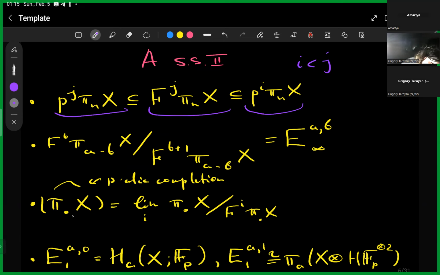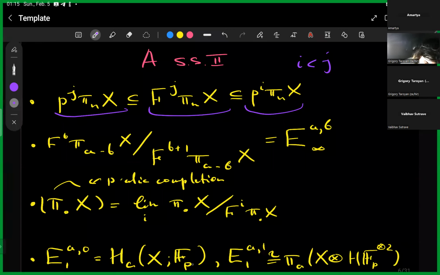And as I said, if we take the completion of homotopy groups with respect to this filtration, we obtain the p-adic completion.